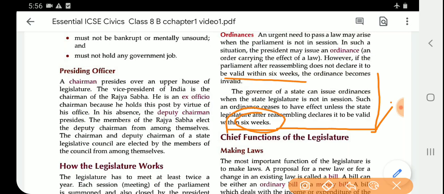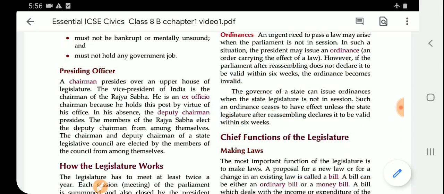As I said, if it is not declared within six weeks, the ordinance becomes invalid. An ordinance means an order carrying the effect of a law.